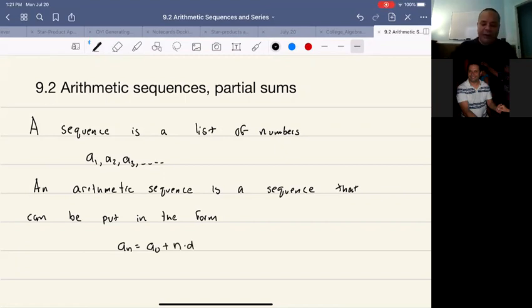One way to think about these is that they're linear, they're lines.